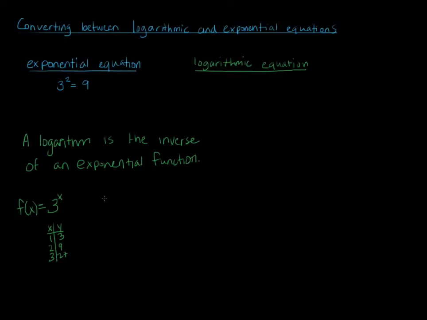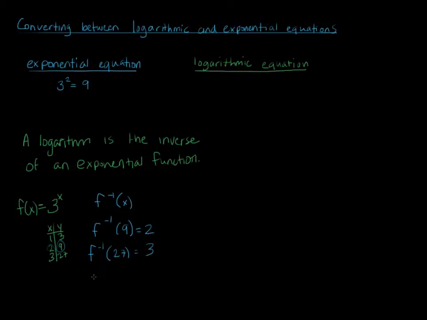If I asked you what is f inverse of 9, that would be easy: if the output is 9, the input is 2, so in the inverse function, if the input is 9, the output is 2. And f inverse of 27 would be 3.